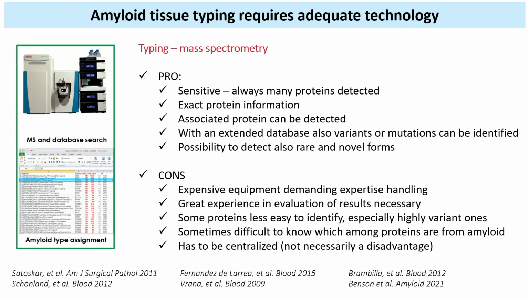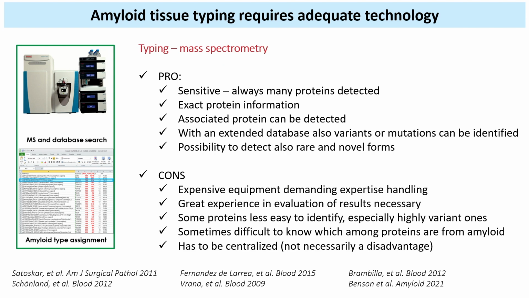Next, please. For those patients in whom we suspect different types of amyloidosis, or for those who have the facility to use proteomics, this is probably the gold standard, because with proteomics we may find any type of amyloidosis. We may study the proteome of amyloidosis, so the different characteristics of the amyloid fibril.